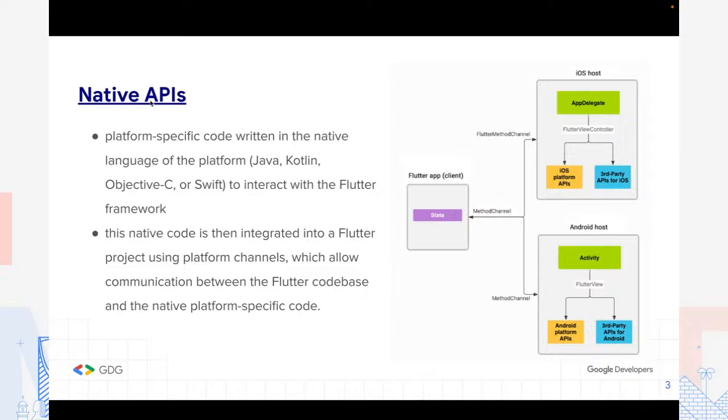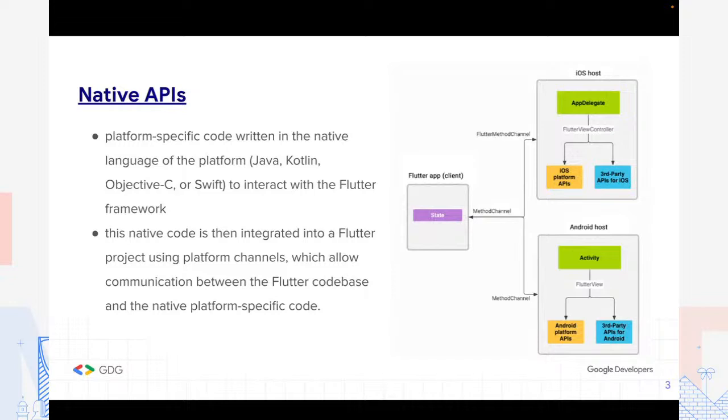So that was a quick overview on native APIs. So let me give you now an example of where you can use this. So now we know that when you write native code, that is only going to work for that particular platform. So let's say I want to get the battery percentage of my device, and let's say my device is Android.